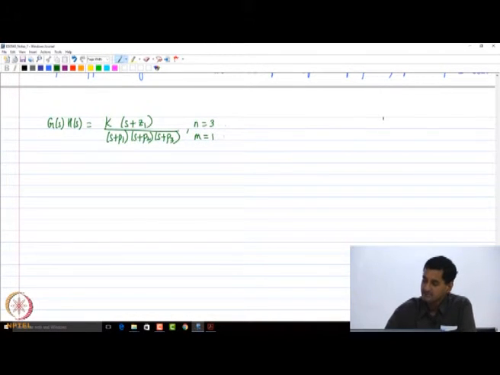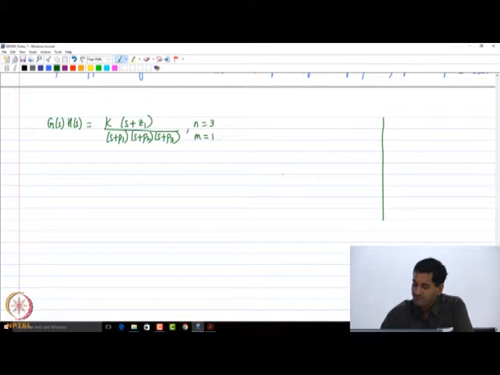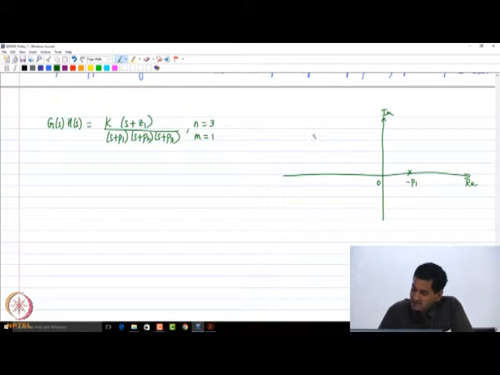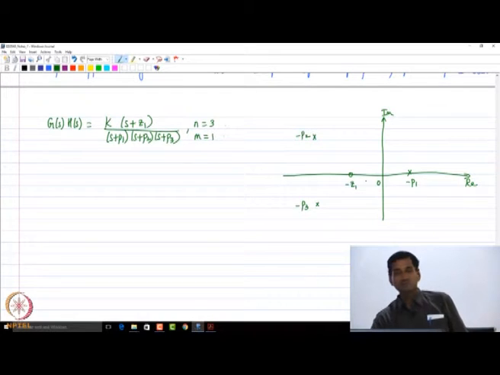Let us say one open loop pole, -p1, is here, and -p2 and -p3 are complex conjugate open loop poles, and -z1, which is the zero, is a real zero.